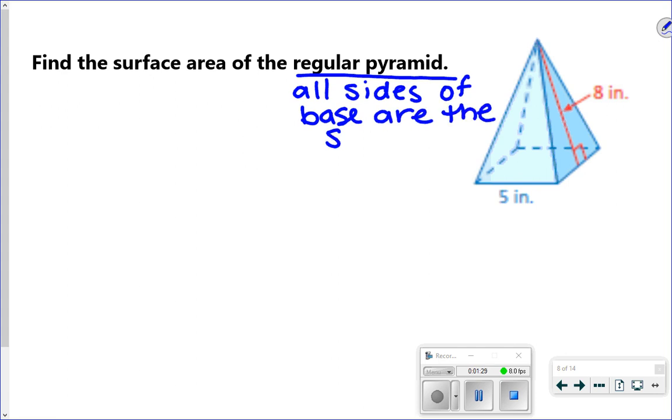All of the ones we will see in this chapter are going to be regular pyramids. That means the triangles are going to be equal.